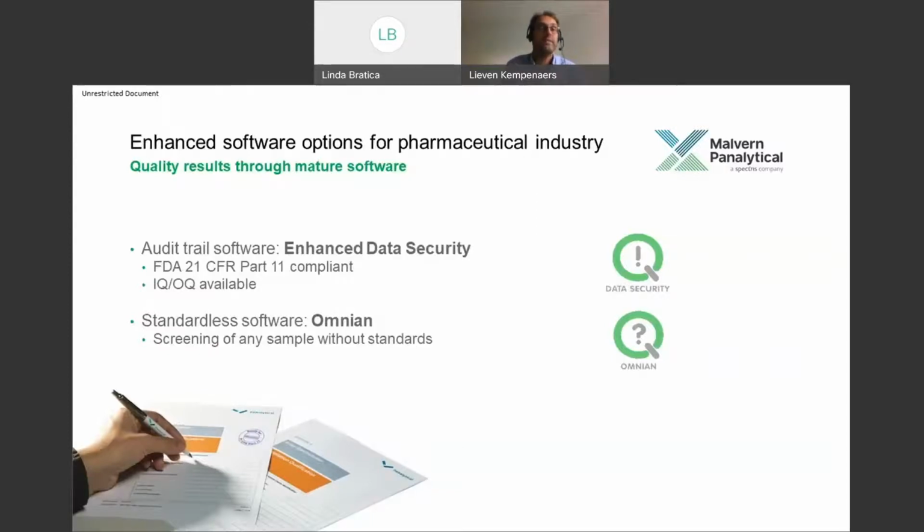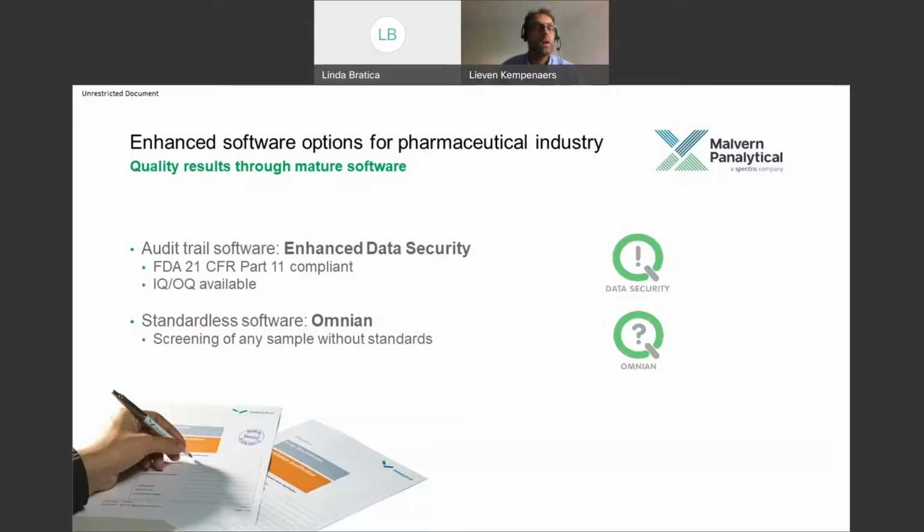And we also have, on the instrument, extra software, the enhanced data security software for the audit trailing, specifically for the FDA 21 CFR Part 11, so that we are compliant to that method, so that everything is traceable. Results cannot be deleted, and if you want, then a copy is made.